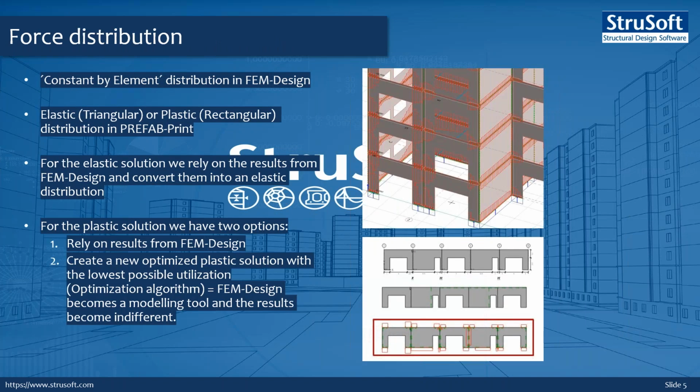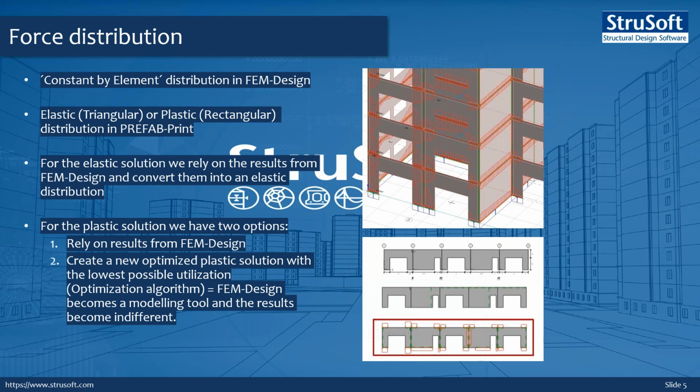If we consider the force distribution in FEM-Design, the default setting is the one called constant by element, and it gives us these sort of staircase looking forces in the connections between walls.